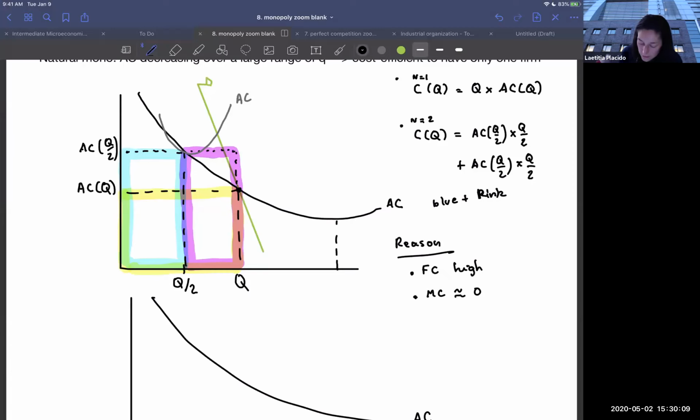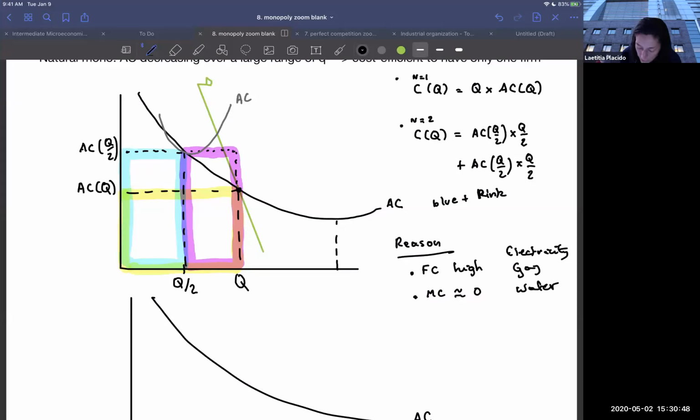This combination of high fixed cost and close to zero marginal cost happens when you have network industries like electricity, gas, water, any industry that requires that you build a large network of, for instance, pipes. But then once your network is built, the cost of serving one additional customer is close to zero. So marginal cost is zero.